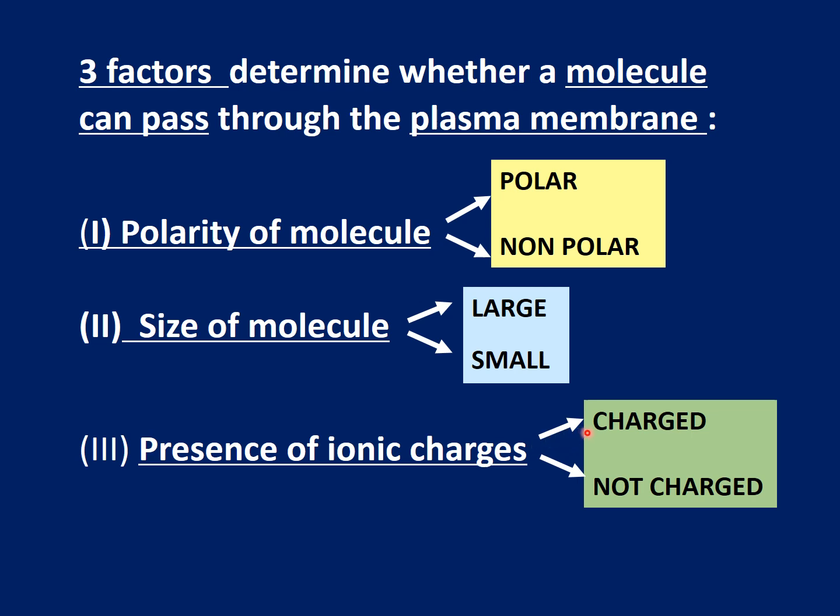So these charged ions will find it difficult to move past the hydrophobic regions, as we discussed just now. If they are not charged, then it is easier for them to pass through the hydrophobic regions. So we are going to look at some examples of the molecules and how they manage to get through the plasma membrane into the cell.